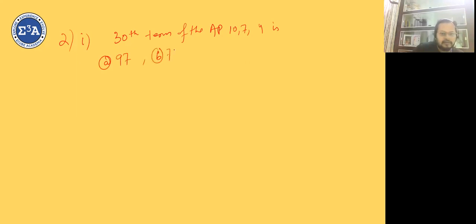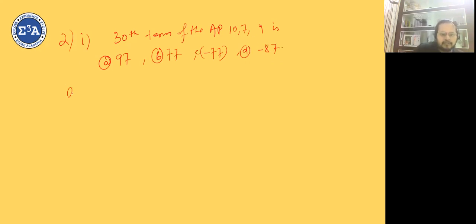Use the same formula and you can find it out. Question 2. Choose the correct choice in the following and justify. 30th term of the AP 10, 7, 4 is... 4 options are there: 97, 77, minus 77, minus 87.